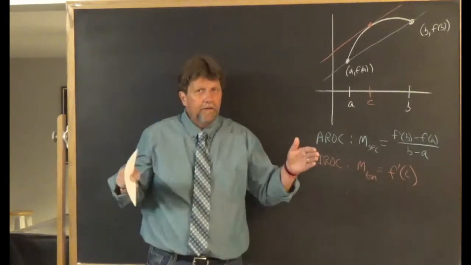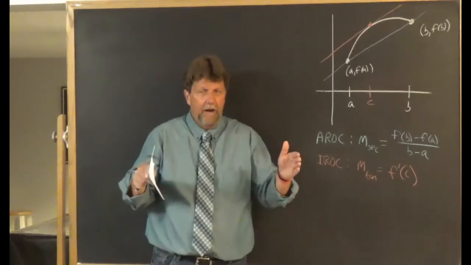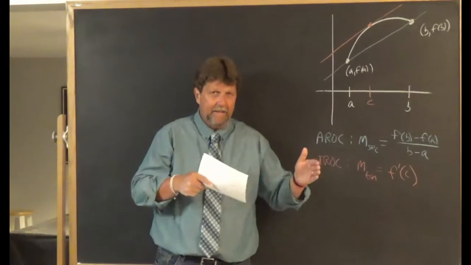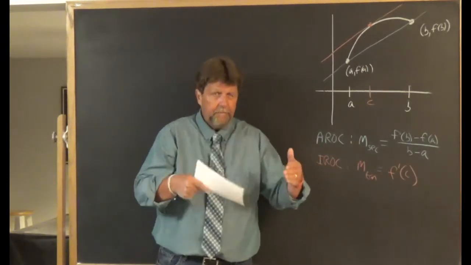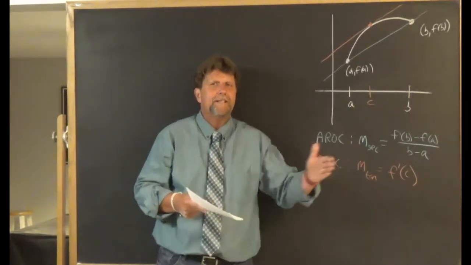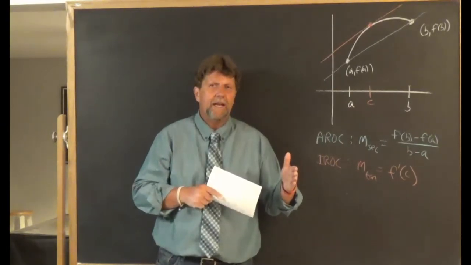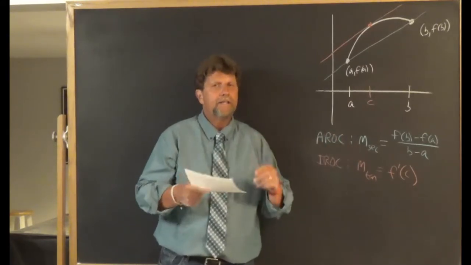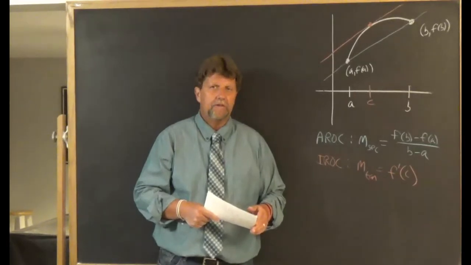If they know how far apart they are, let's say they're a half a mile apart, and they clock you traveling that in a given amount of time, they can do a quick division to get your average rate of change over that distance. The mean value theorem will state that there was a point in that trip where your instantaneous rate of change was equal to the average rate of change.